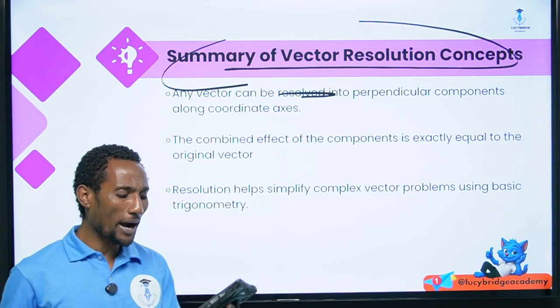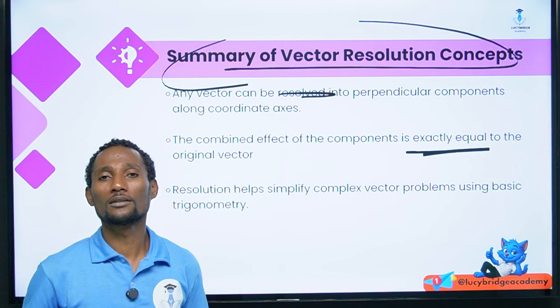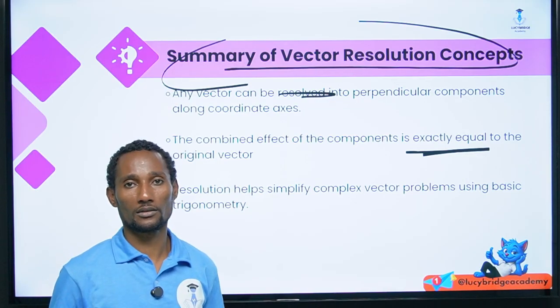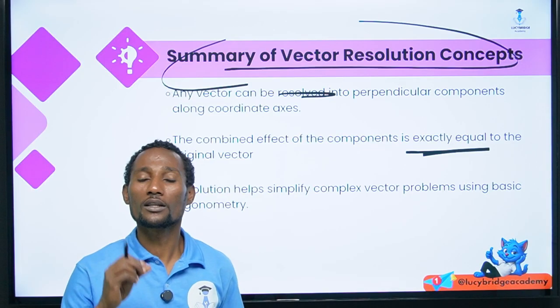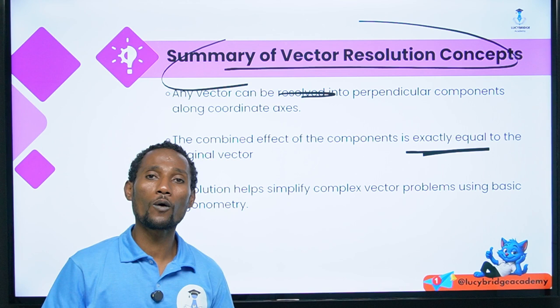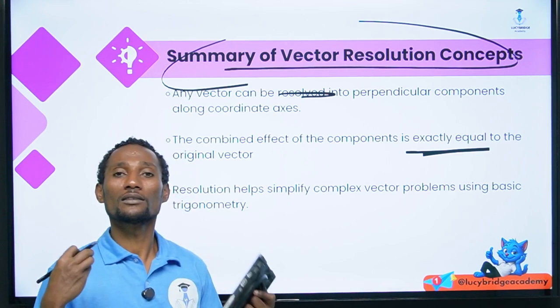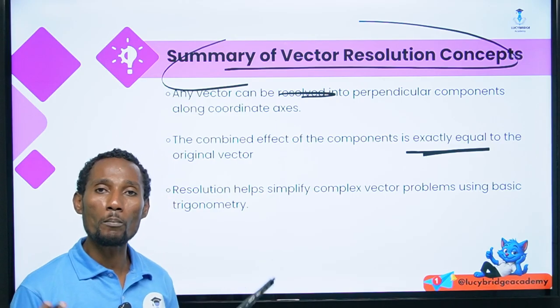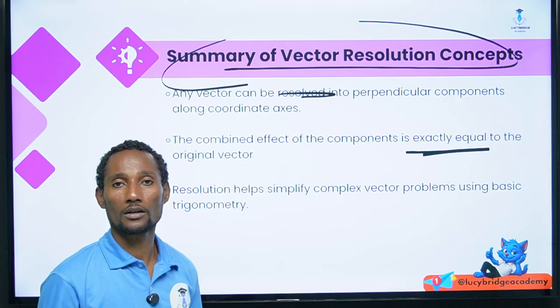The combined effect of the components gives the original vector, which is the same as the resultant vector A, a combination of the components of the two vectors.